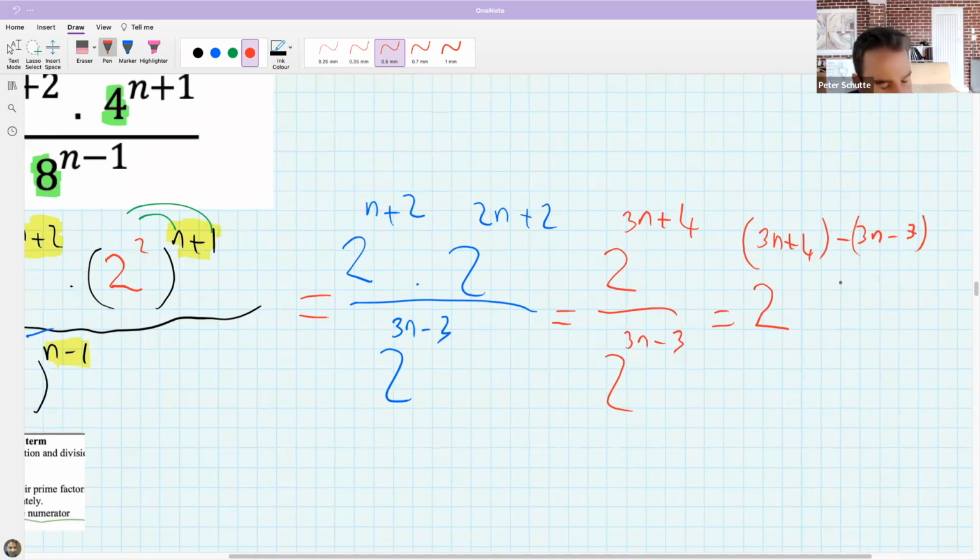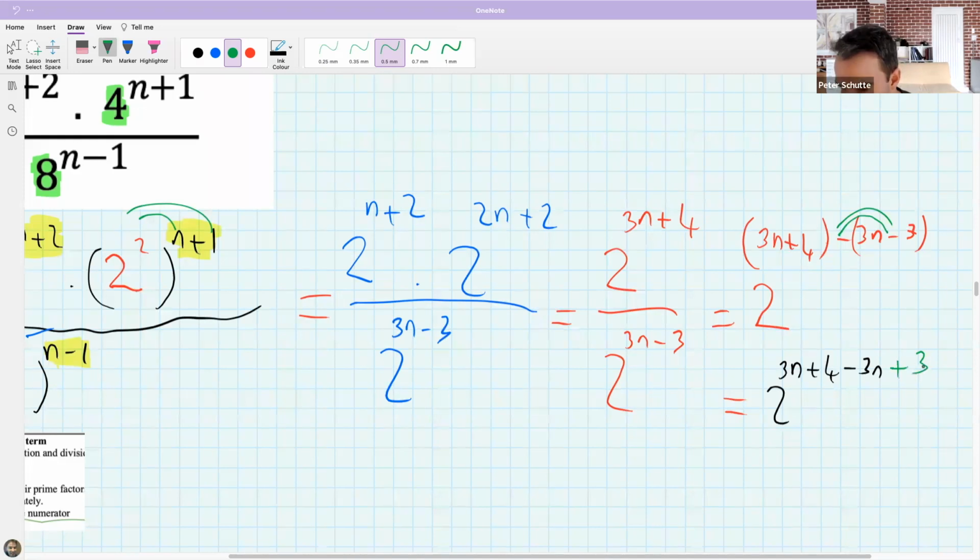Yes. Okay, you are winning at life, because that's the sneaky bit. Okay, tell me the next step then. What's after that? And then I said 2 to the power of 3n plus 4 minus 3n minus 3. Okay, but watch out. Bracket. Because what do you get when you go minus minus 3? Positive. Yes. So that's what you need to watch out for.